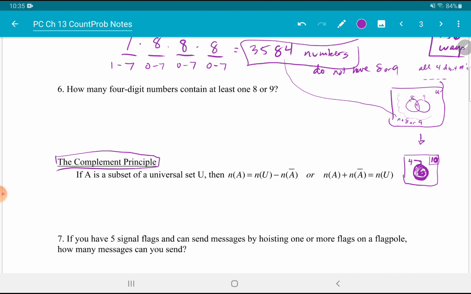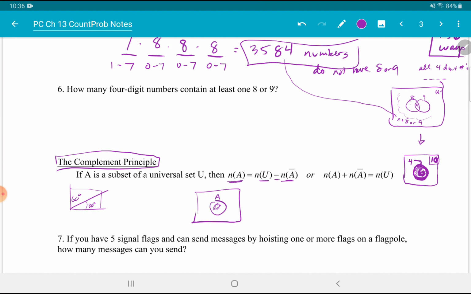In a way, you can think of this in geometry as well. If you have a right angle, you know that a 60-degree angle would have a complement of 30 degrees because they add up to give you 90 degrees. Similarly, if you have a total number of items, let's say n of A, it's equal to the universal set minus n of the items that are not A. Okay, so if we were looking at this in the Venn diagram, if we have a circle with A items, right?